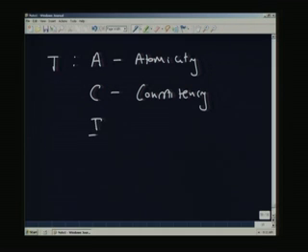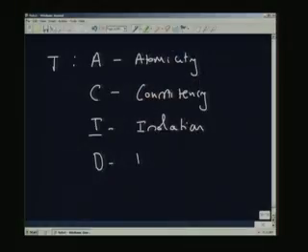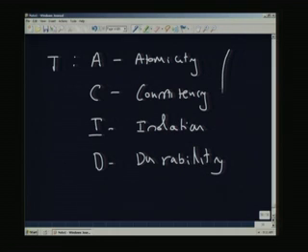Then the property of isolation. Isolation means that one transaction's results are not visible to another transaction till the transaction has committed. Then durability: the transaction values are permanently written on the database. Together, this constitutes what we call the ACID properties of the transactions.